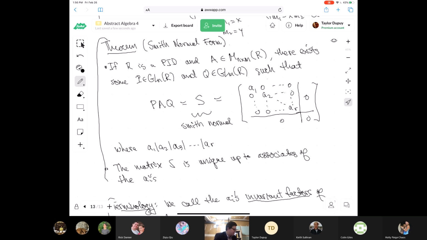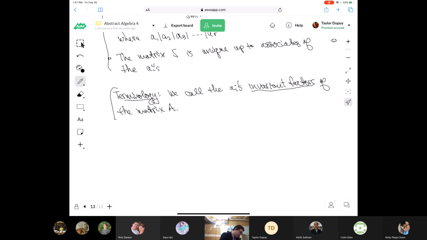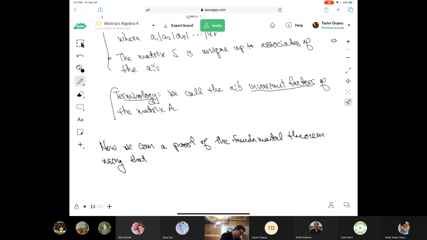So now, using the Smith normal form, we can give a proof of the fundamental theorem, using that Smith normal forms, SNFs, exist.